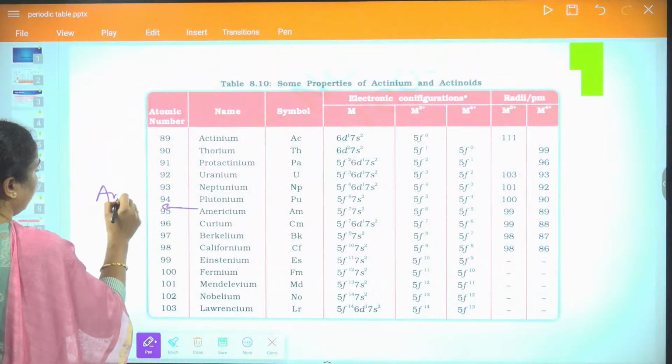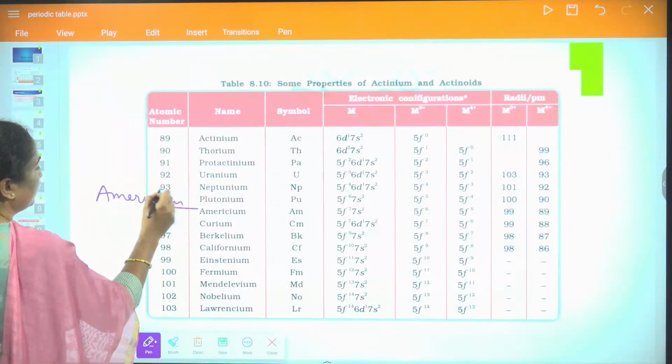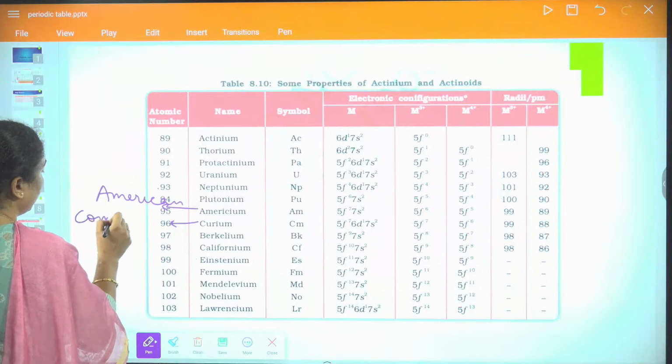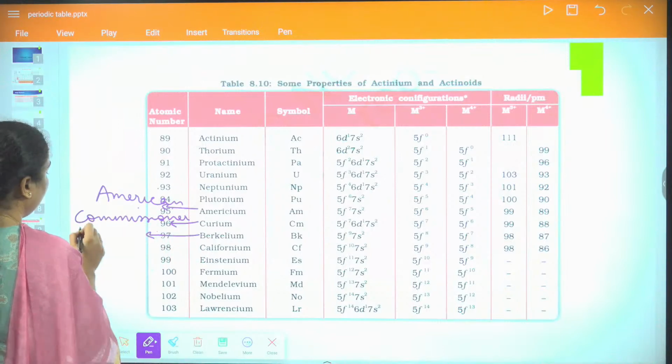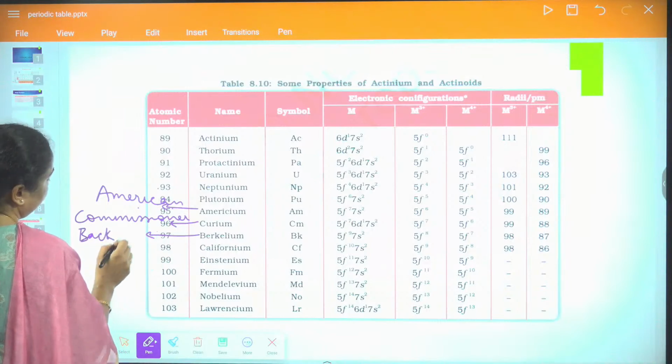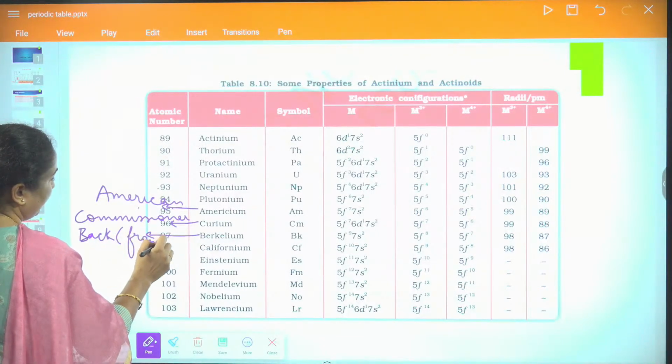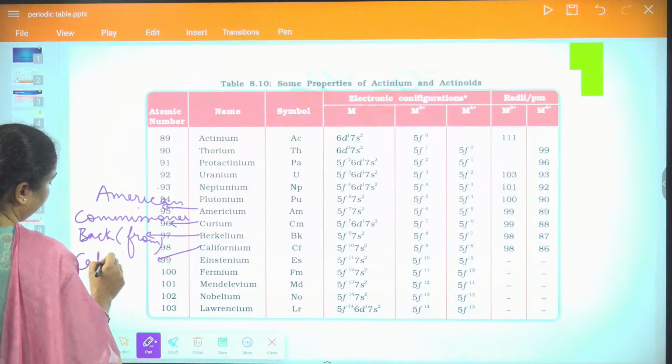This is American commissioner back from California.